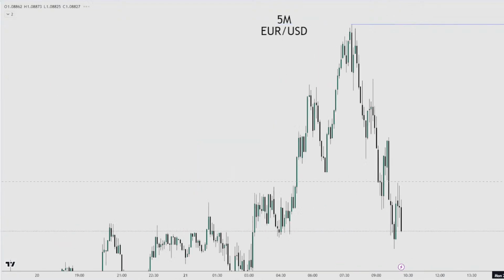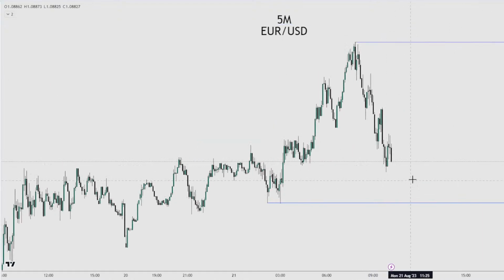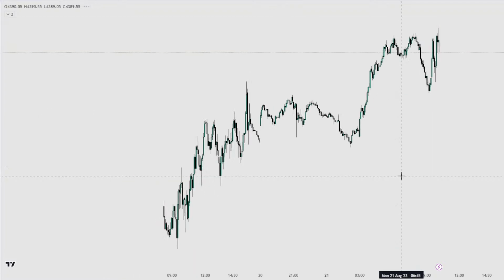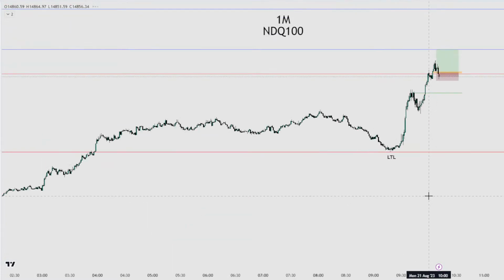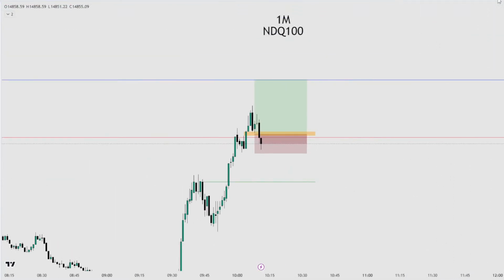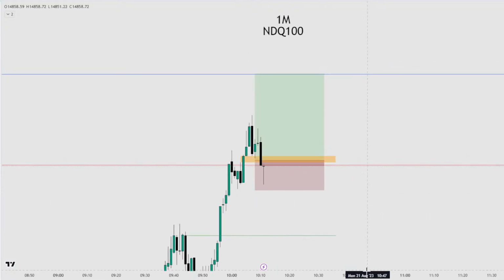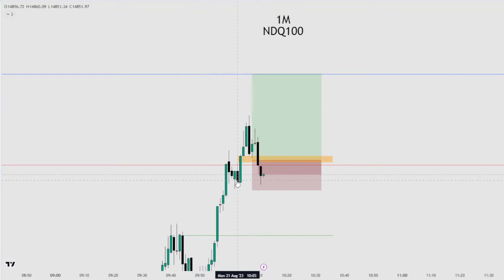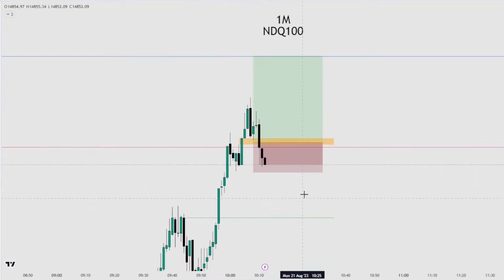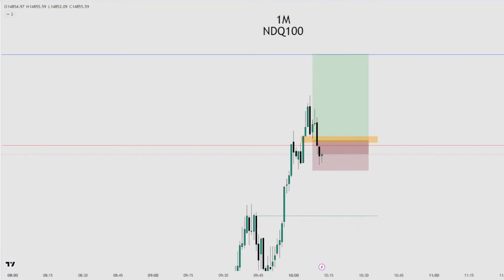Could go lower. I just don't want to see it close below this candle, because then it's really not gonna be good. I mean, if it closes, it's probably gonna wick me out, so it doesn't really matter anyways.